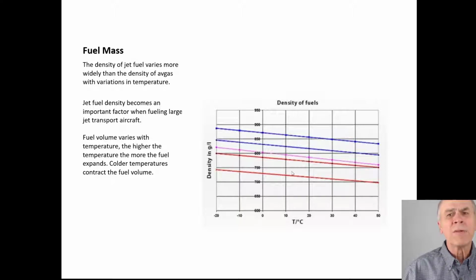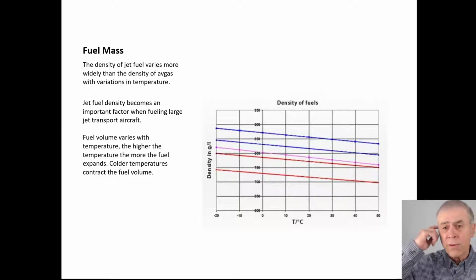So I'm not exactly sure. I guess we're just going to take it as doctrine that the density of jet fuel, or jet A, does vary with temperature. That becomes important when fueling the large jet transport aircraft.